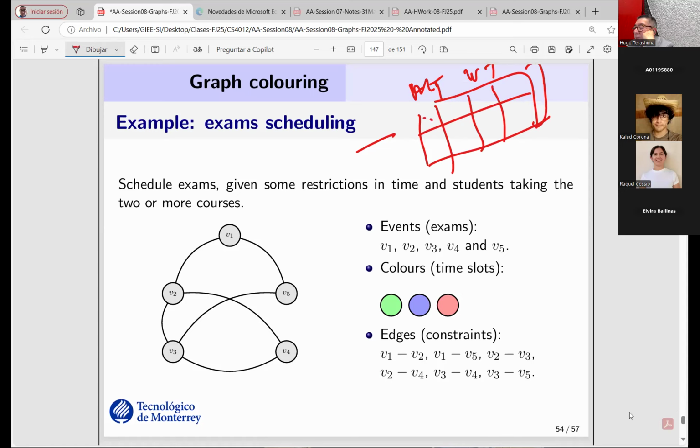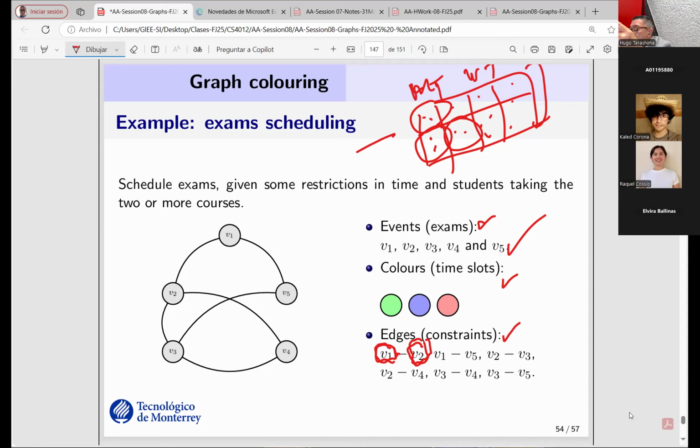So I did a representation in which events are exams. I have a number of events, exams. I have colors, which are the different slots in which I can schedule the exams. And I have the constraints in which I say, well, B1 is connected to B2. It means that two exams, and the idea here is that I have some students taking this exam and some students taking these exams.